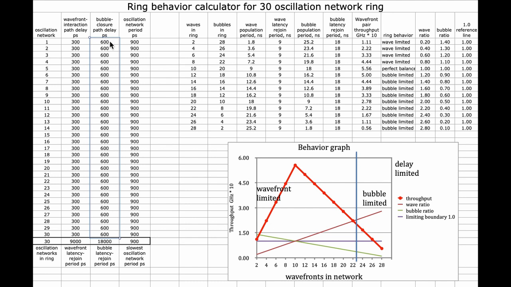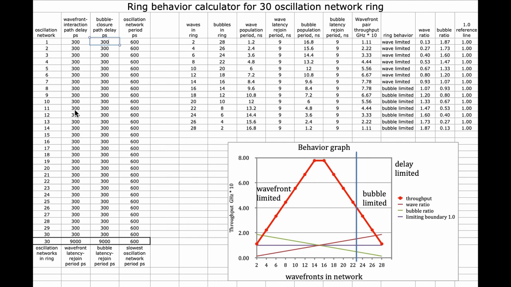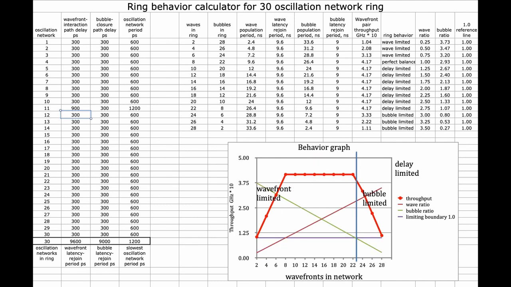Okay, well, let's go back to that and let's look at a single slowest oscillation network. So we'll put a delay in one oscillation network in the wavefront interaction path. And this is what we see. Okay, so the graph has a flat area now.